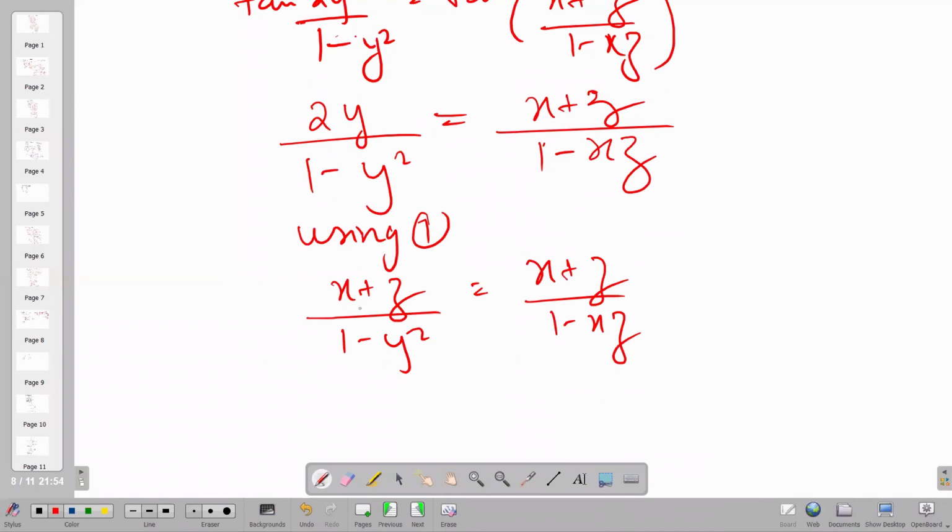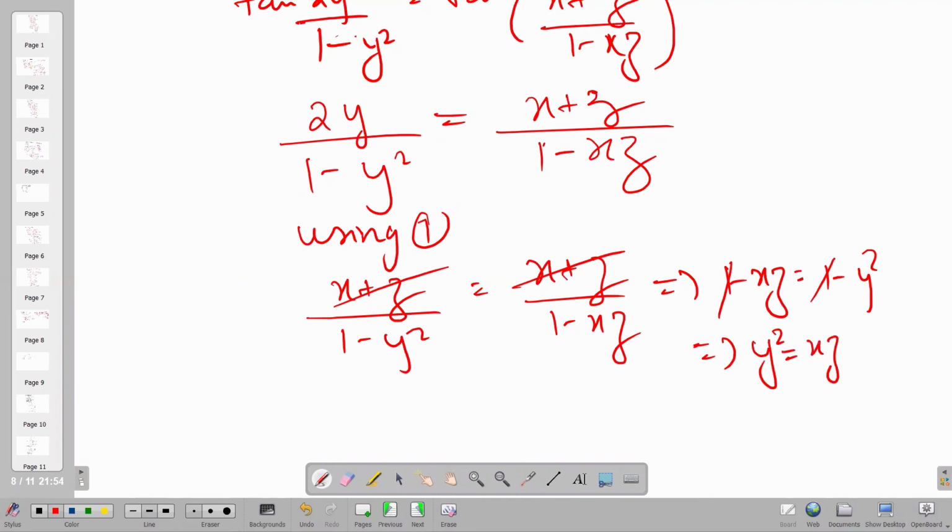On further solving, this gets cancelled out, and what we get is that y square is equal to xz, and this means that x, y, z are in GP.